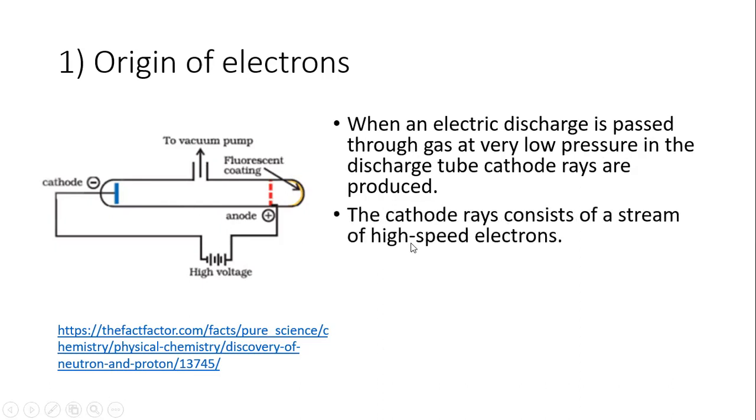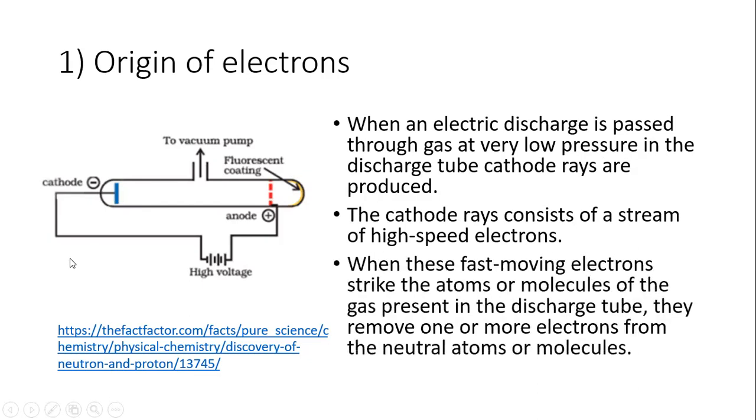The cathode ray consists of a stream of high-speed electrons. Basically, the anode will accelerate the electrons present in the gas. No matter how low the pressure, there will be radiation from outside that ionizes the gas. Then the anode accelerates the electrons, and they pass through the hole there.